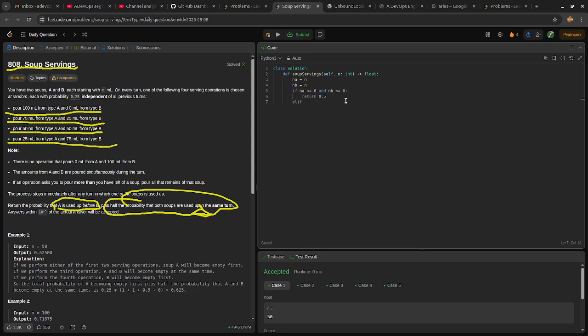Otherwise, if A is used up, then obviously A is used up before B. Then we can return 100%.